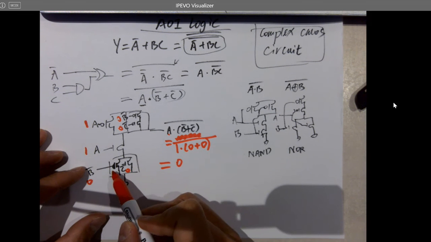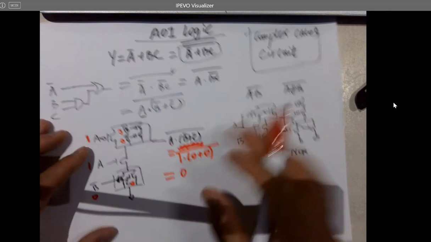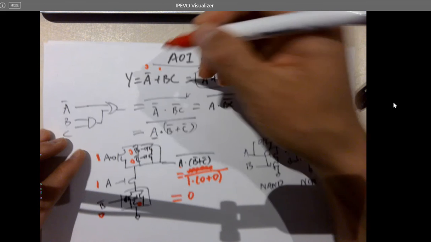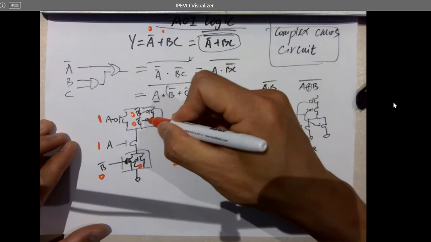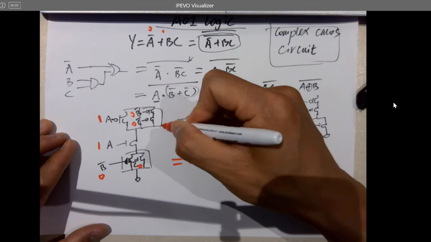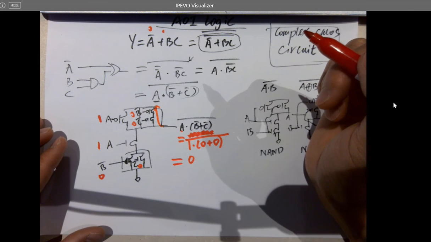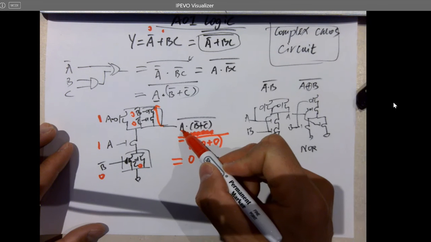Zero, these are off. Huh? No, but the thing is, if you have these two on, to be on, A is 1.